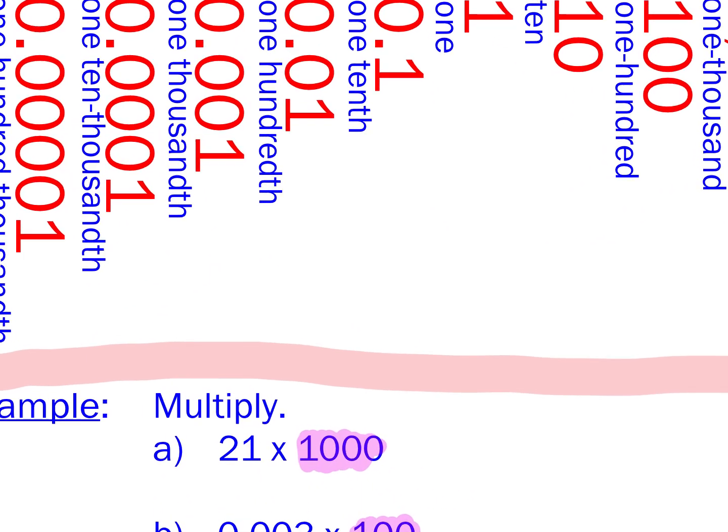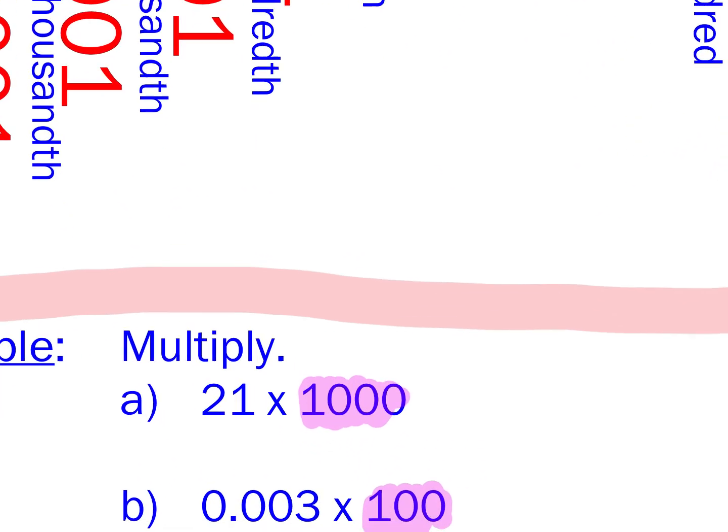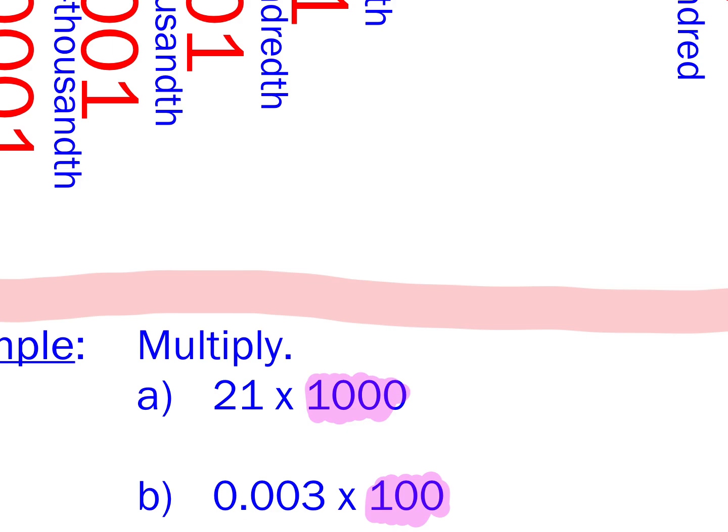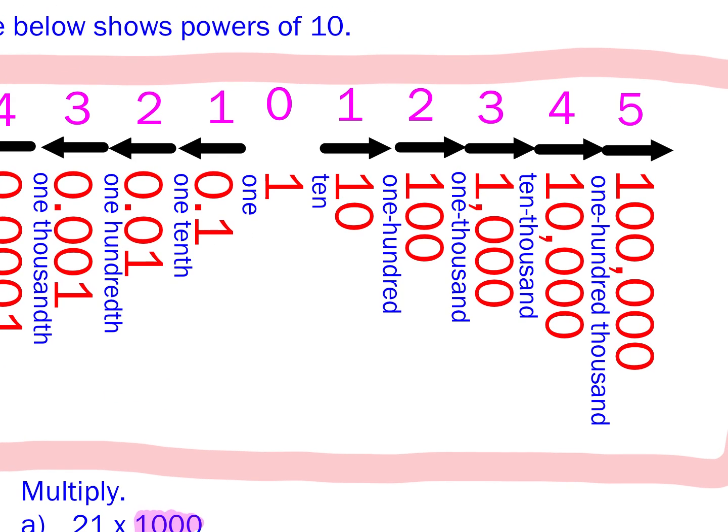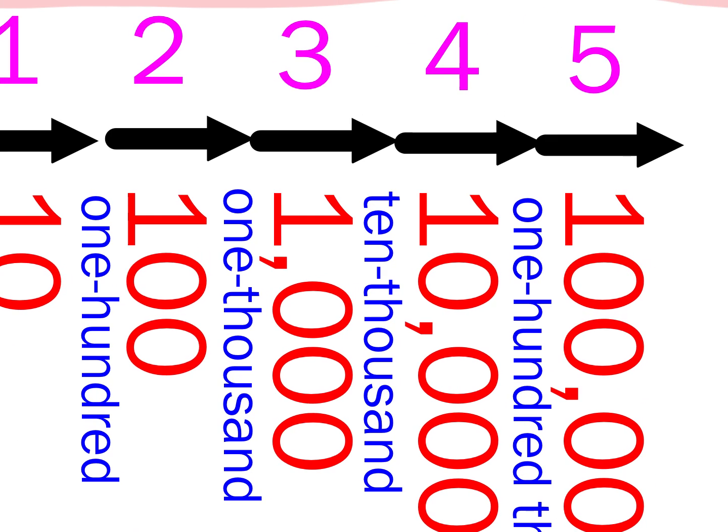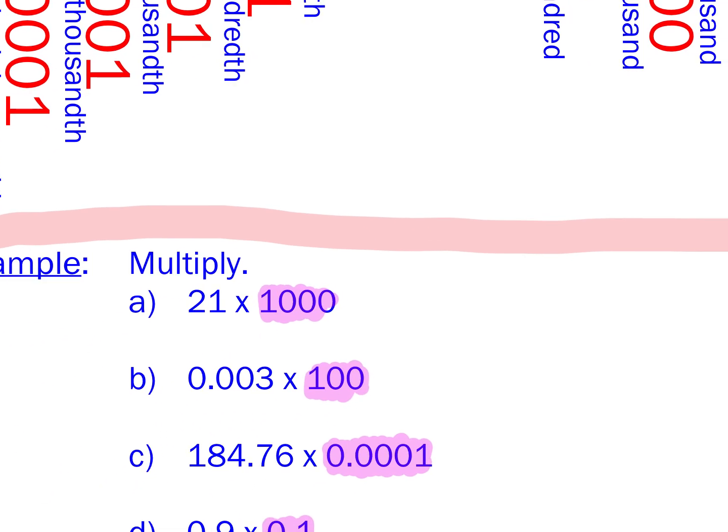We have 21 times 1,000. So according to that chart, 1,000 means we move to the right 3 spots. So if we go back to 21, now 21 does not have a visible decimal, and yet the decimal is at the end of the number.